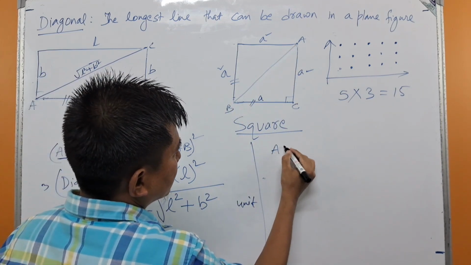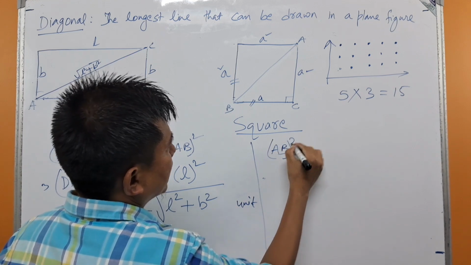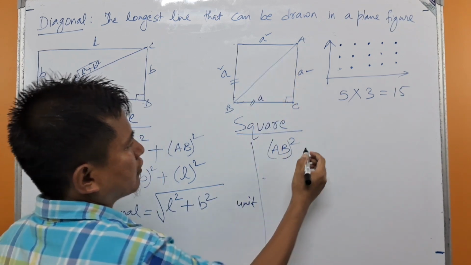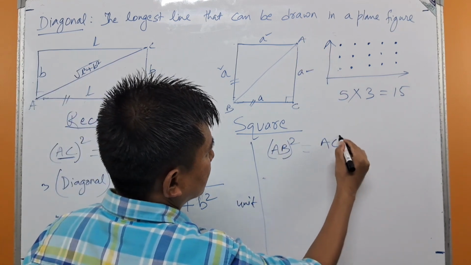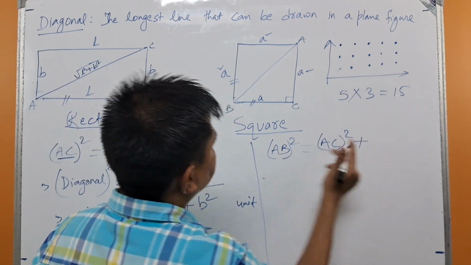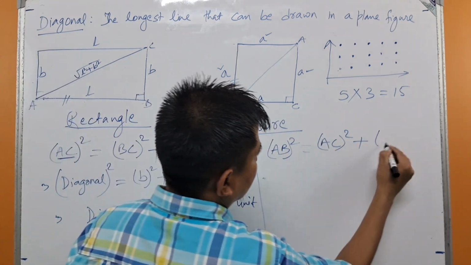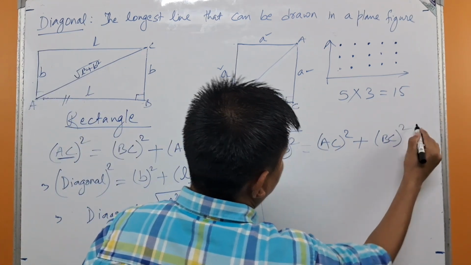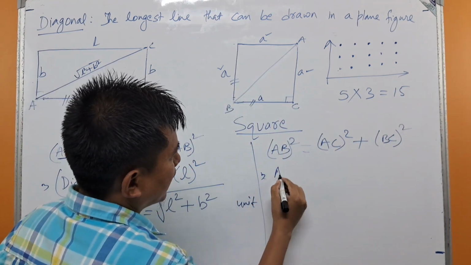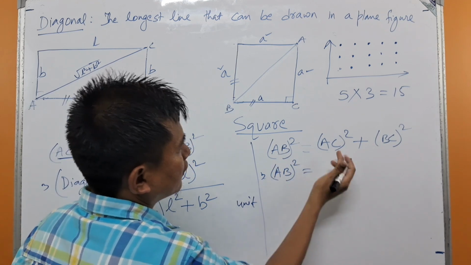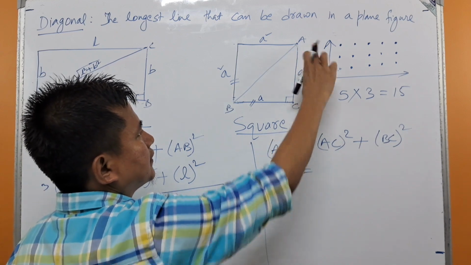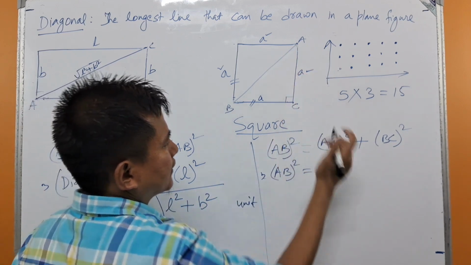So AB, applying Pythagoras theorem, AB square, hypotenuse square equal to perpendicular square, that is AC square, plus base square, that is BC square, or AB square equal to AC. AC is, we have assumed as A, isn't it?